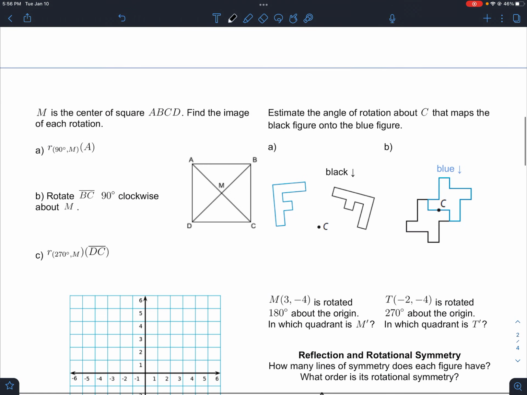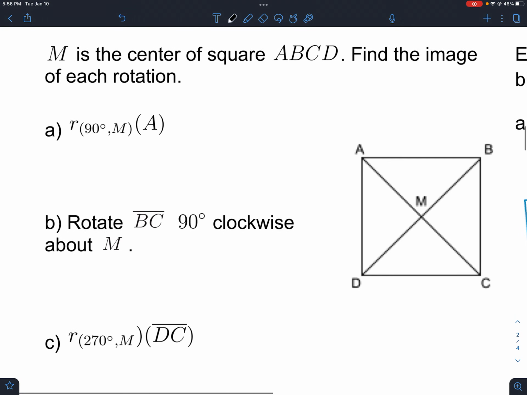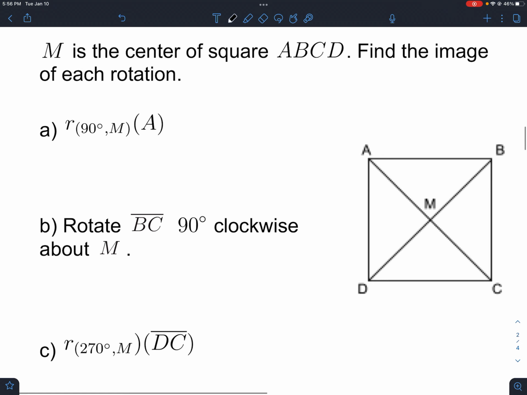All right, a couple more things to talk about. I really like this question. It just tests our idea of rotation and do we know how to perform it kind of in our minds. So if we have M in the middle of a square and I want to rotate A 90 degrees around M. So if we're right here, remember, that would be 90 degrees.